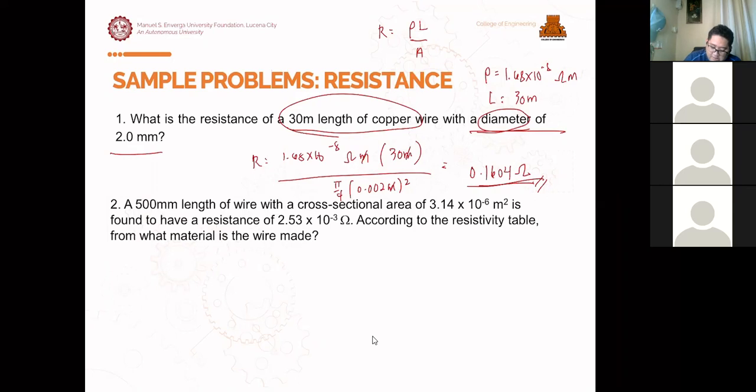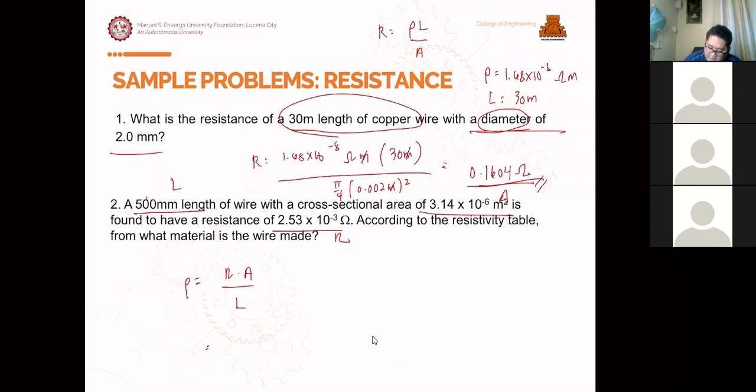Okay? So, meron tayong given L. Ito yung L natin. Cross-sectional area A. Ito yung R natin. So, delta yung wala natin. So, si delta makukuha natin by R times A over L. Substitute.